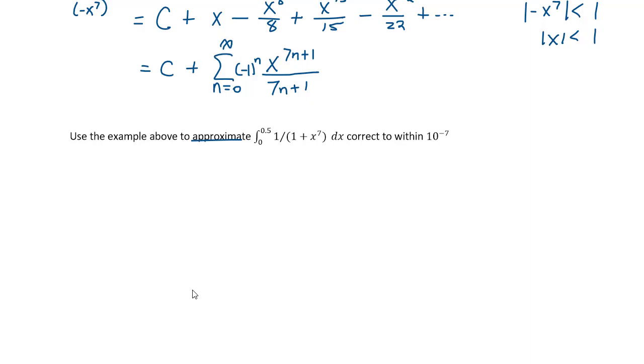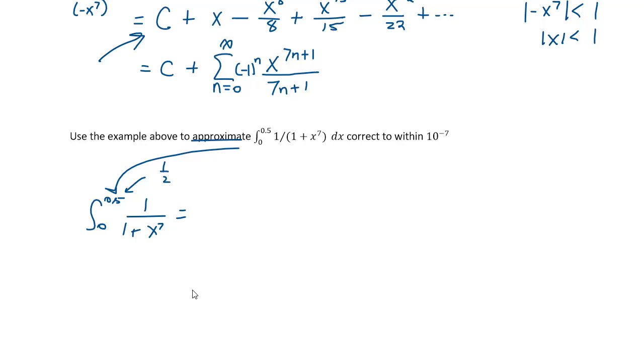So what we actually end up with is that the integral from 0 to 0.5 of 1 over 1 plus x to the 7th will be, treating this 0.5 as a 1/2, I'm going to plug it into this one here.